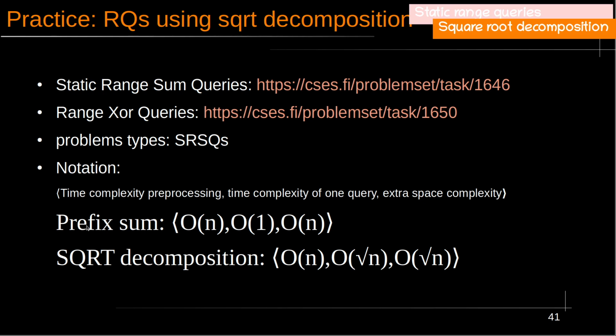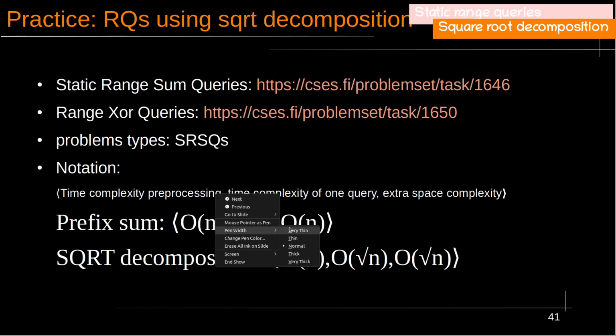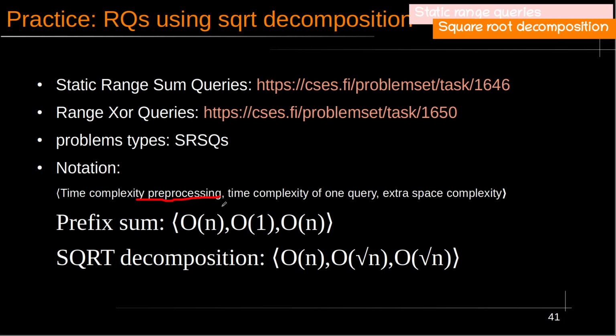As we have seen in the previous videos, we can use the prefix sum approach, that takes big O(n) for the pre-process, and big O(1) for the time complexity of one query, and O(n) extra space complexity.